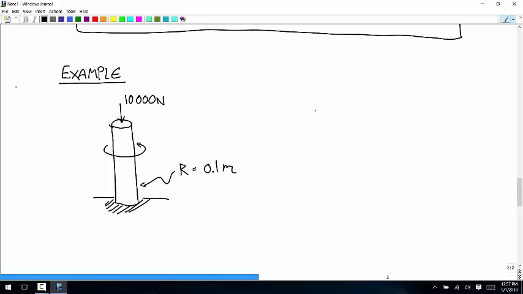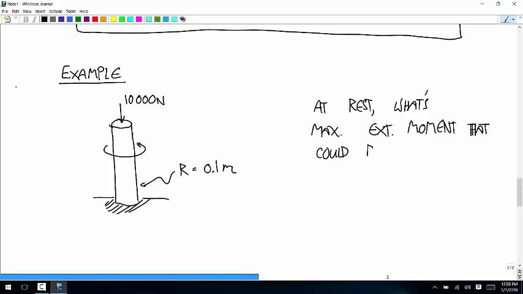So if this cylinder is at rest, what's the maximum external moment that could be applied before the cylinder starts to rotate?